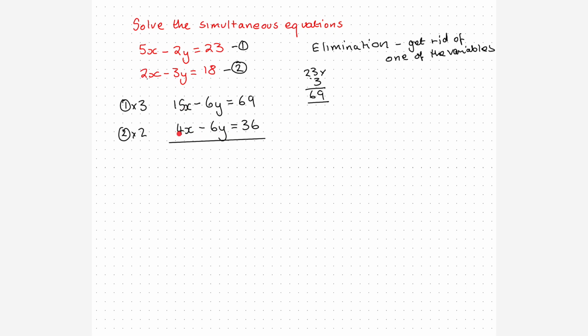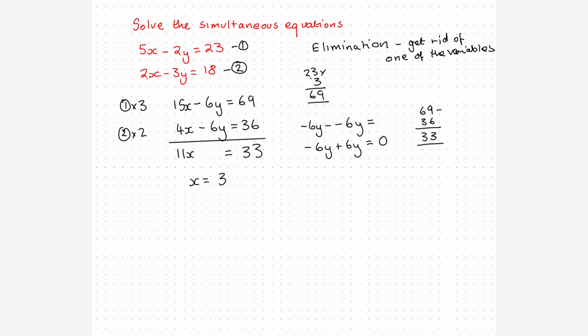So 15x take away 4x gives me 11x, and I end up with minus 6y minus minus 6y, which would become minus 6y plus 6y, which would equal 0. So I end up with 0 there. And then 69 take away 36, and I would end up with 33. So I get 11x equals 33, and I get x equals 3.